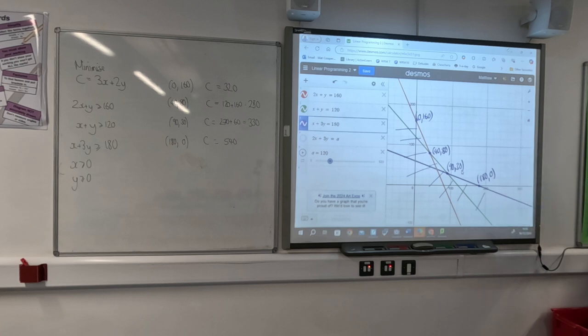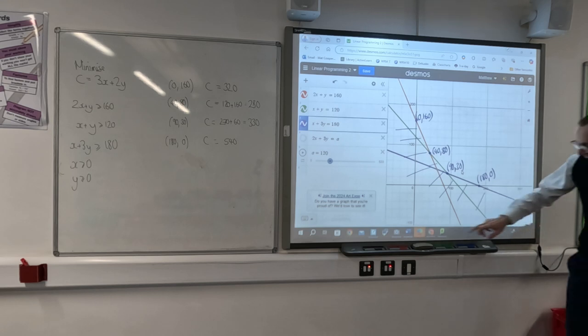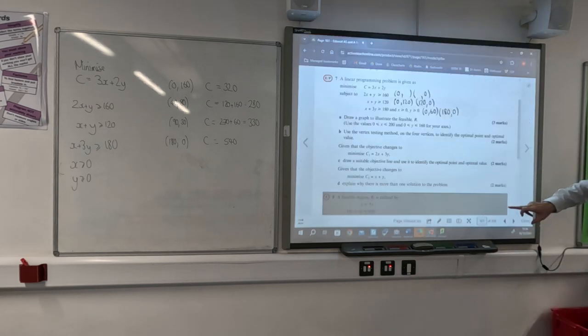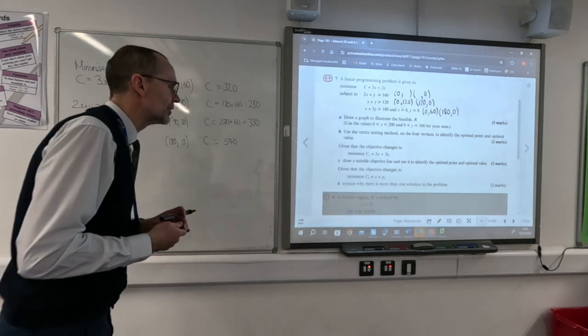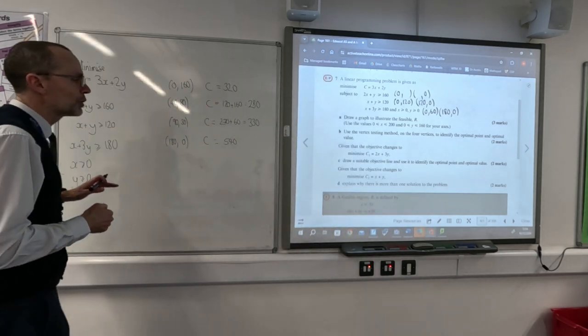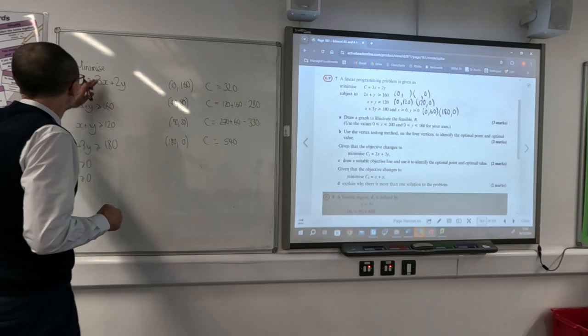The feasible region is the bit that's left unshaded. The question went on to say, given that the objective changes to 2x plus 3y.